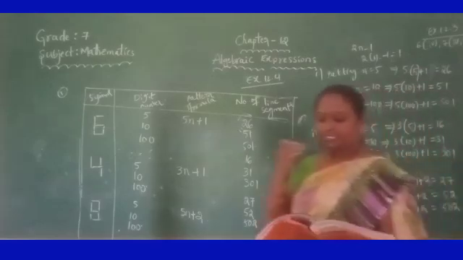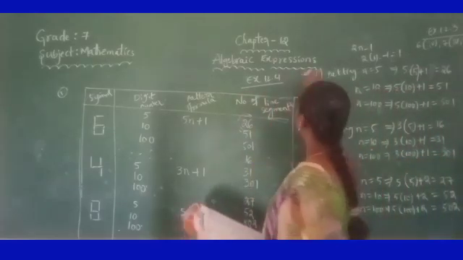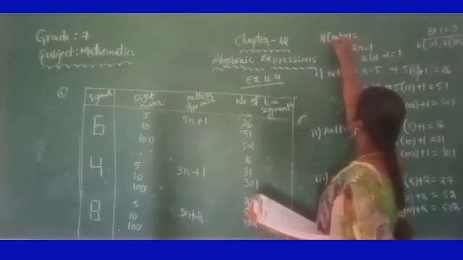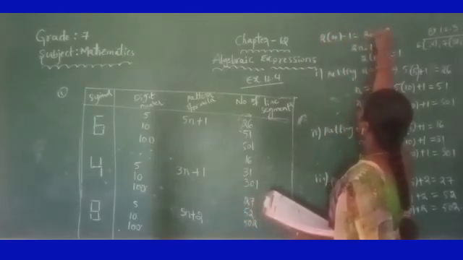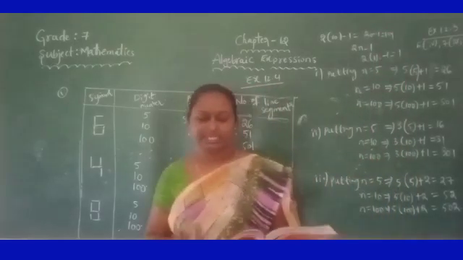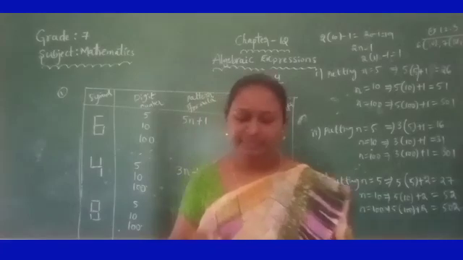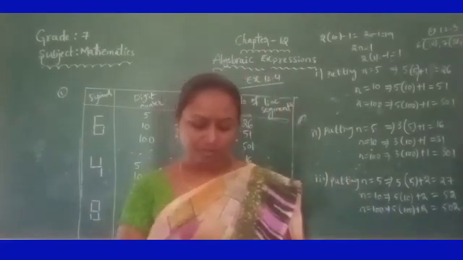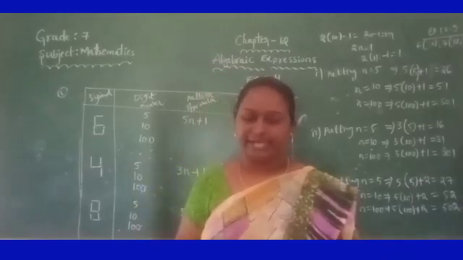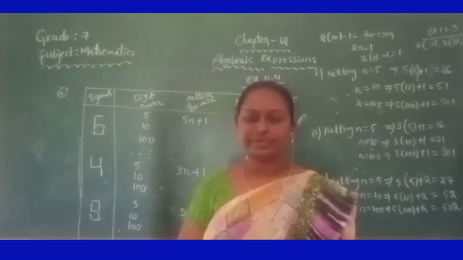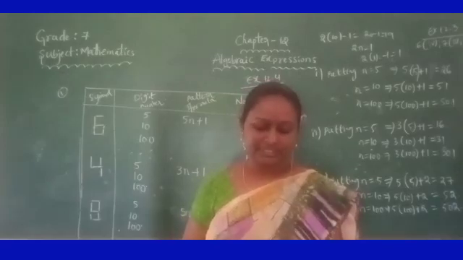If you take 10 terms, that means 2 into 10 minus 1, 2 into 10 is 20, minus 1 is equal to 19. Like that for 100 terms, you will get 199. So you have to fill all the blanks. Substitute the terms in the expression and fill the table.